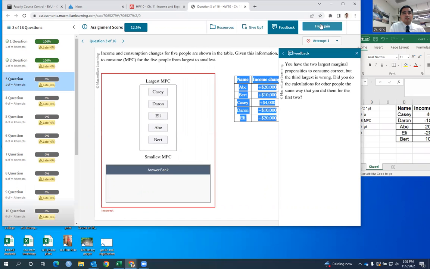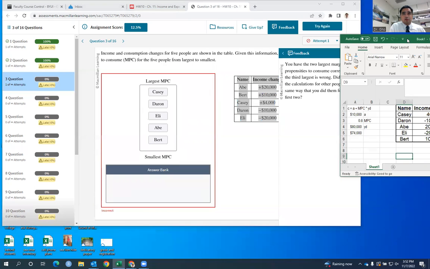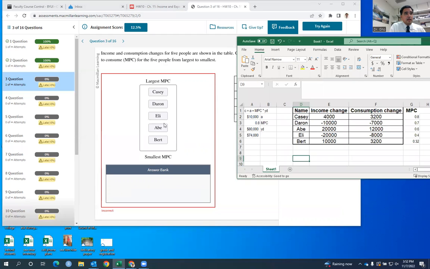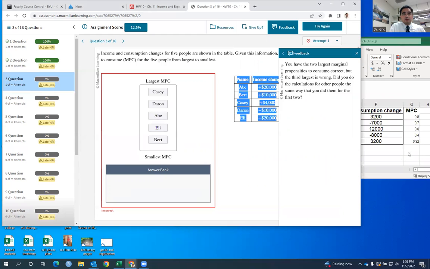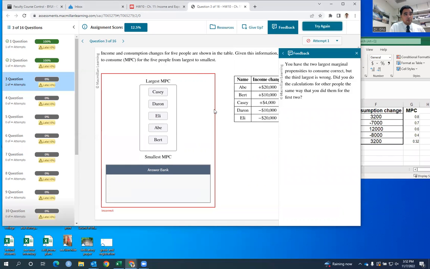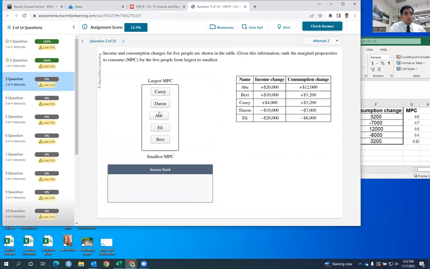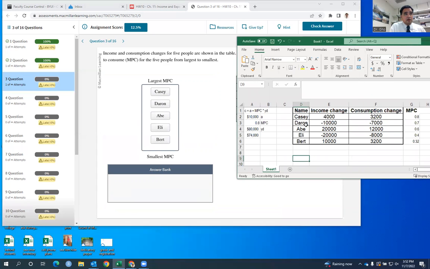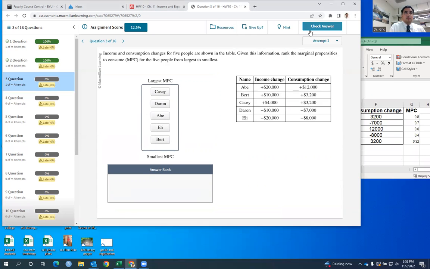The 2 largest marginal propensities to consume are correct, but the third one is wrong. Let's see, Casey, Darren, Abe. Oh, he's sort of switched. I must have grabbed it wrong. Okay, go try again. Casey, Darren, Abe, Eli, and Bert. Okay.